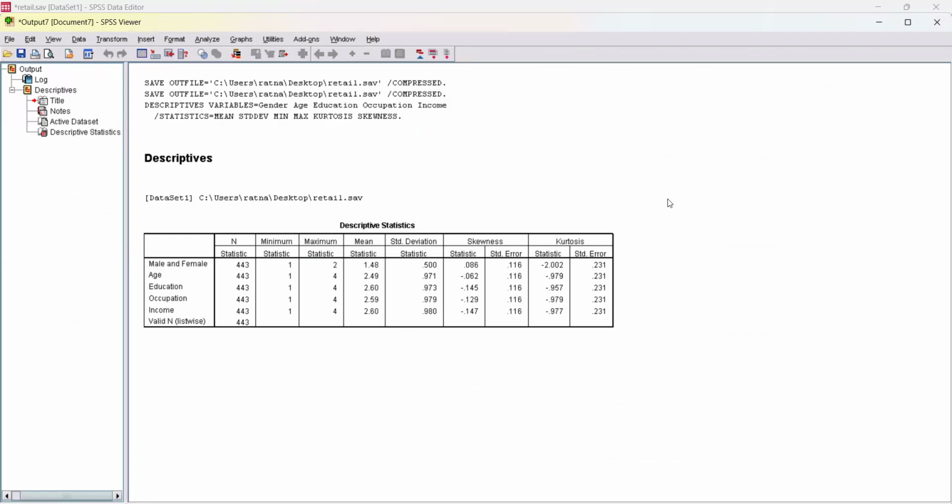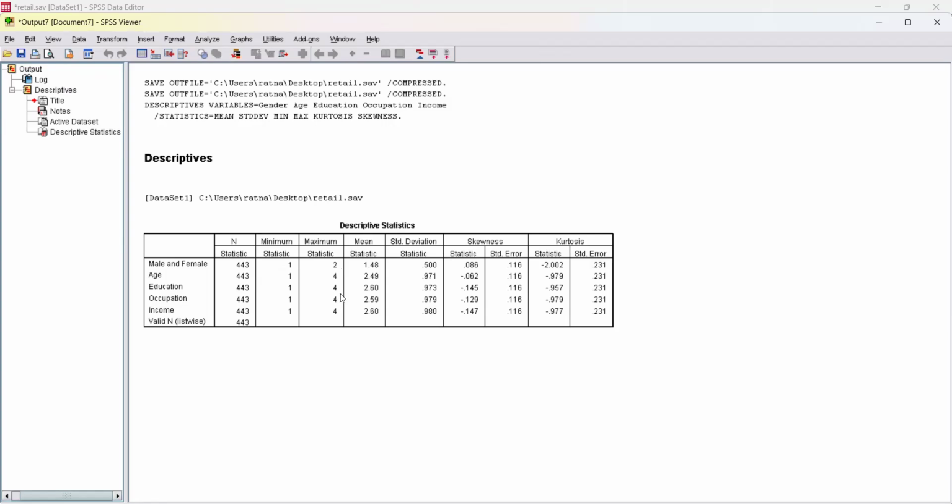How can we analyze this? For a general observation, the sample size is 443, so all variables have a complete size of 443. Now the scales: for all variables the minimum is 1, and gender has a maximum of 2, while the other variables range from 1 to 4.